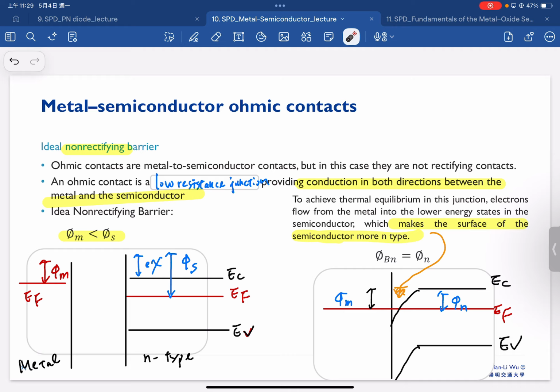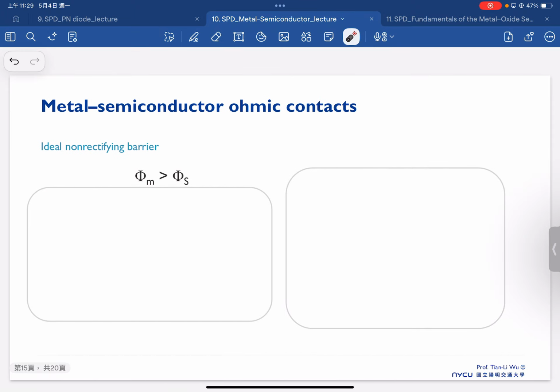So, therefore, if you have an n-type semiconductor and you want to make a good ohmic contact, you definitely have to choose a metal work function smaller than the semiconductor work function. And similarly, if you want to make a good ohmic contact on the p-type semiconductor, then we have to choose phi m larger than phi s.